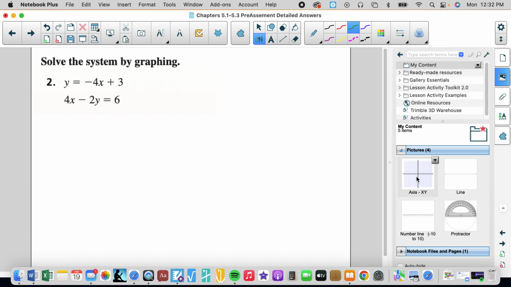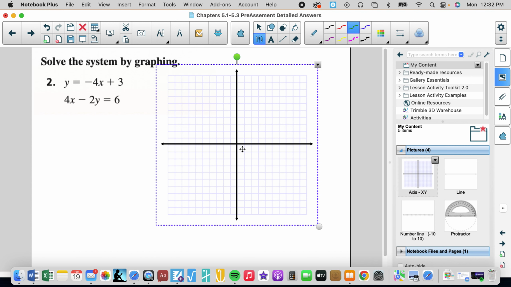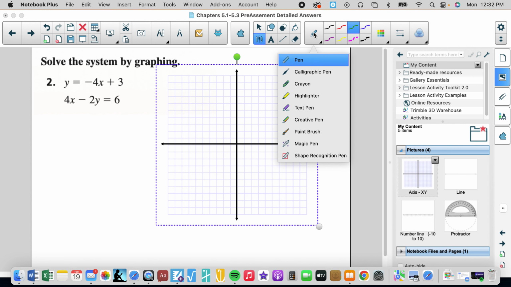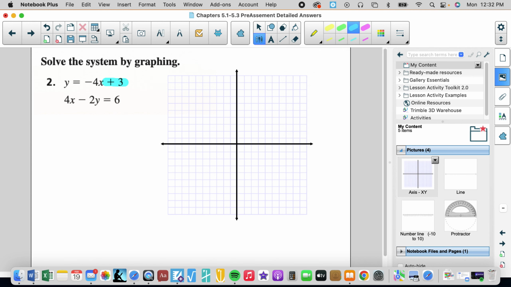Here's my next equation, two equations. Top one is in slope-intercept form, so I'm going to utilize the y-intercept, which is 3, and the slope, which is -4. Down 4, right 1, down 1, 2, 3, 4, right 1, or I'll do the opposite, which is up 4, left 1.